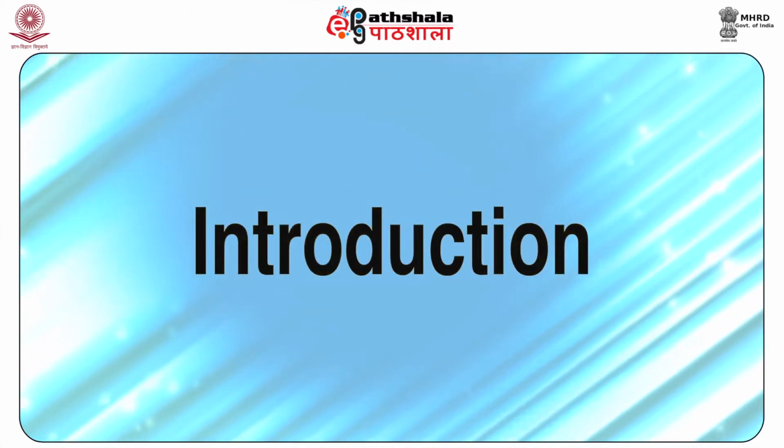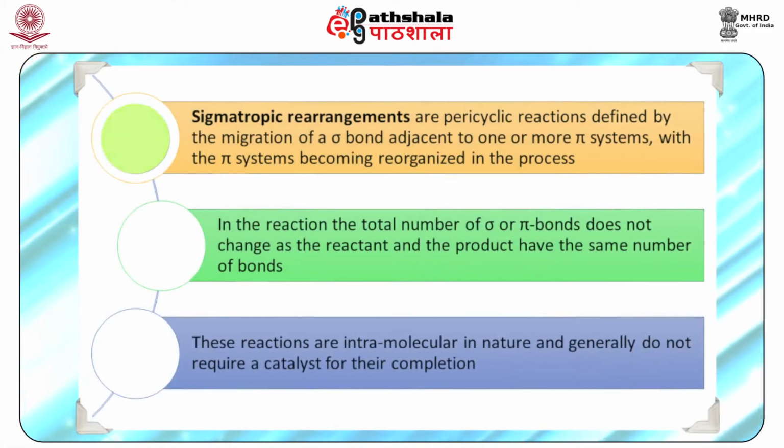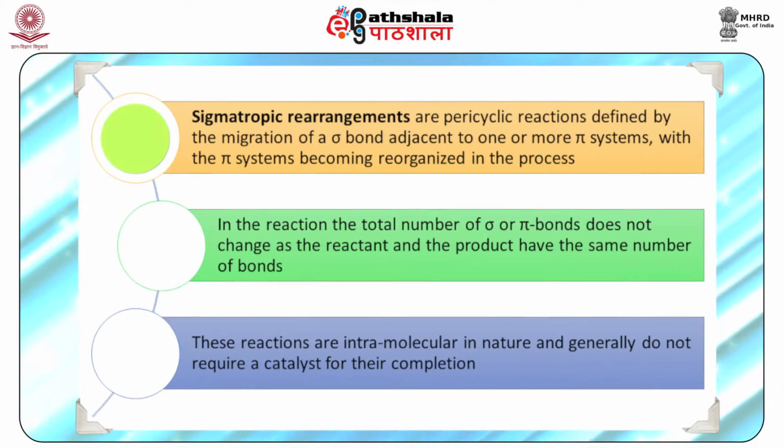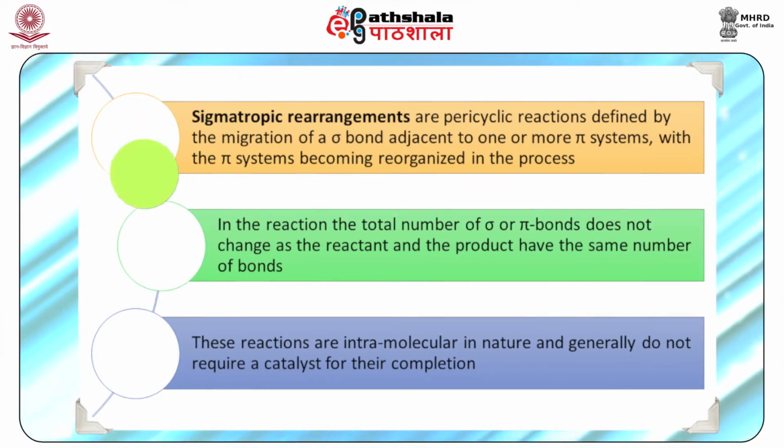By way of introduction, sigmatropic rearrangements are pericyclic reactions defined by the migration of a sigma bond adjacent to one or more pi systems, with the pi systems becoming reorganized in the process.